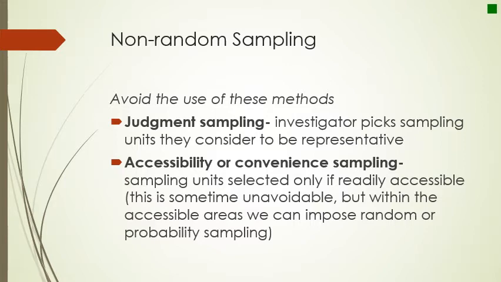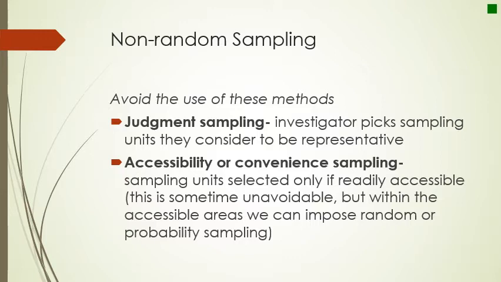This obviously will differ from the actual data frame or target population that we're making our inferences to, and that can often get us into trouble. So it's very, very important to know when judgment sampling is occurring and to be aware of the possible drawbacks in terms of really limiting our inferences from those kinds of data.